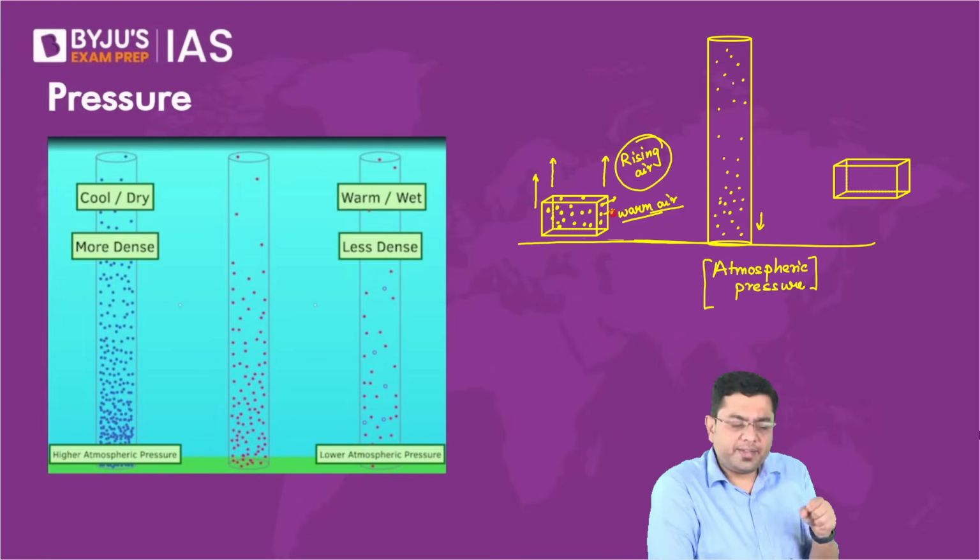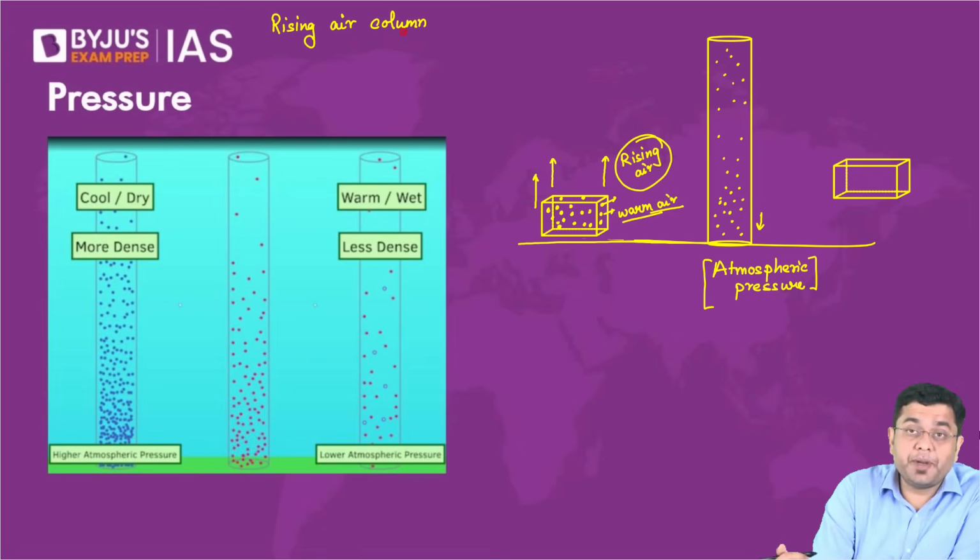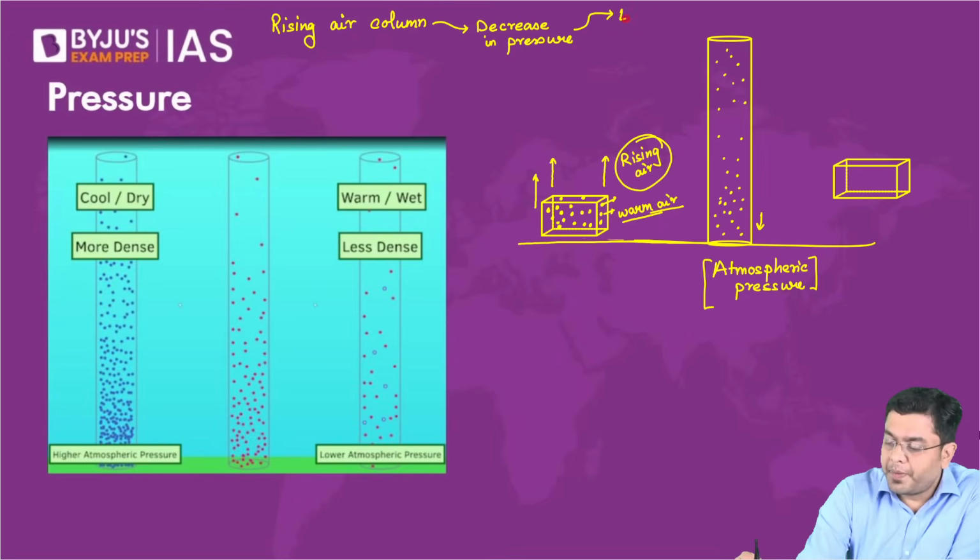So whenever you have a rising air column, now that rising air column can be initiated due to temperature, can be initiated because of other factors as well. So a rising air column will lead to a decrease in pressure, or what we also refer to as the condition of low pressure.